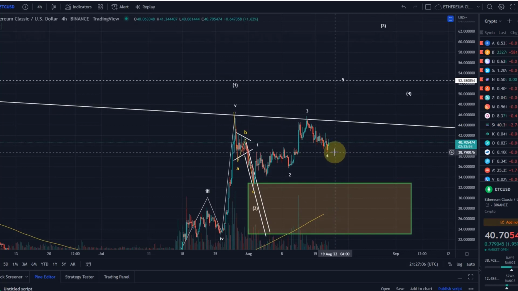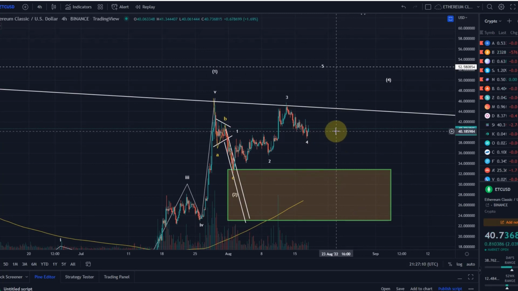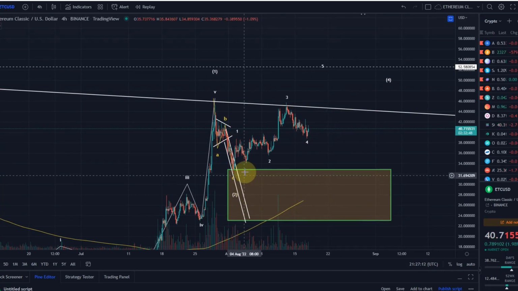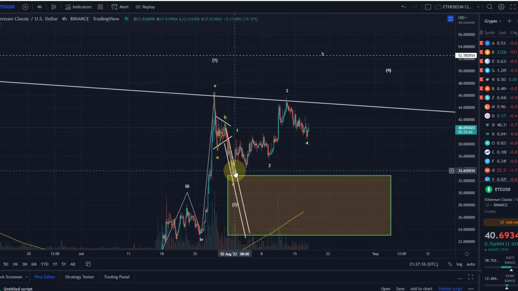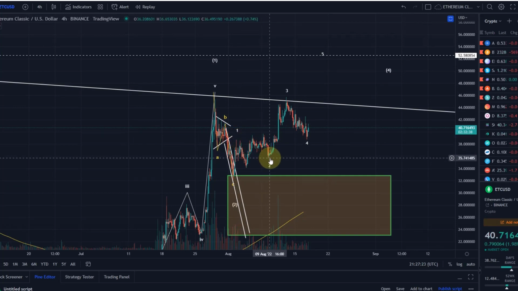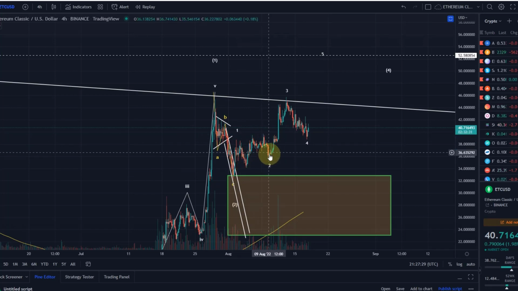So there are a few possibilities for how this could now be unfolding. One possibility, and that is the best case, would be if this here is indeed still an impulse as we counted it. So basically a move in a wave 1 to the upside, in a wave 2 to the downside, basically here an A wave down, an overshooting wave B, and then a wave C down in a running flat in a wave 2.